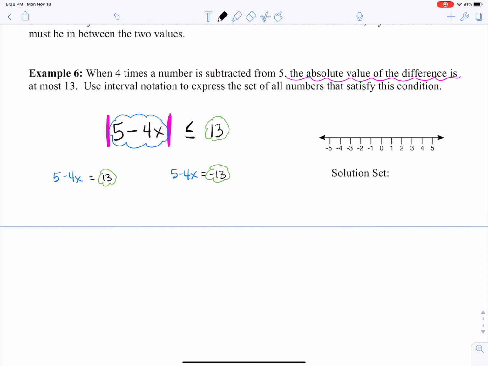Solve each piece. Circle -2. Circle positive 4.5. Color them in.